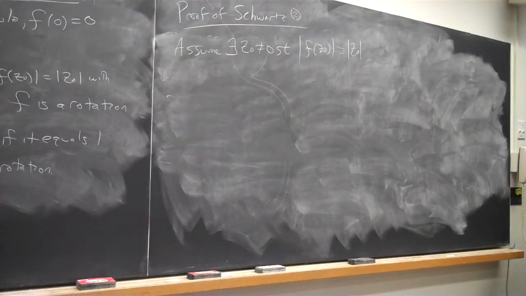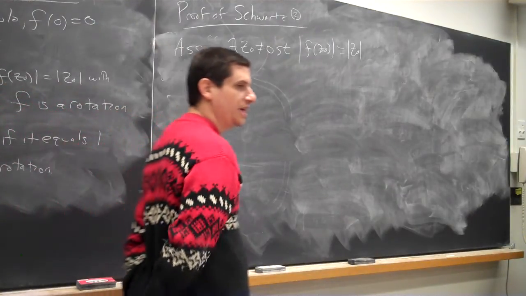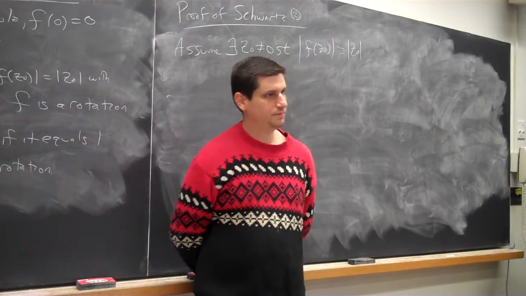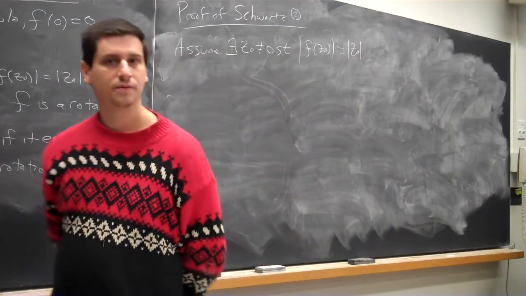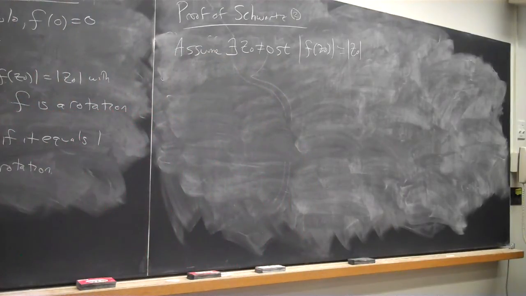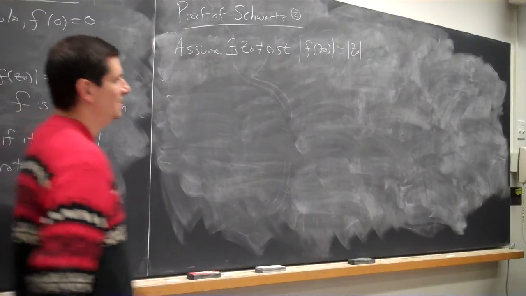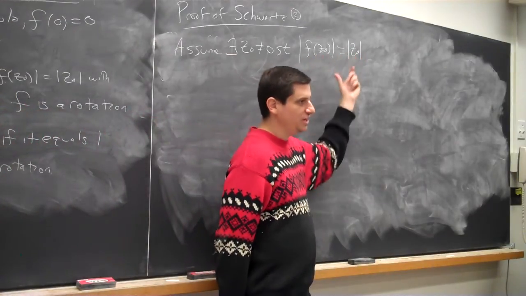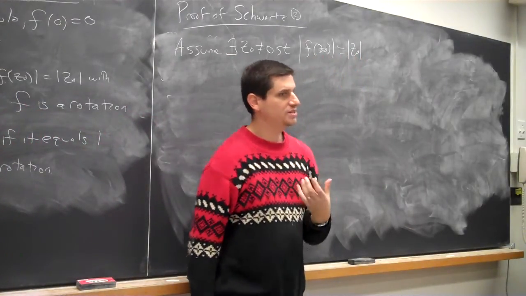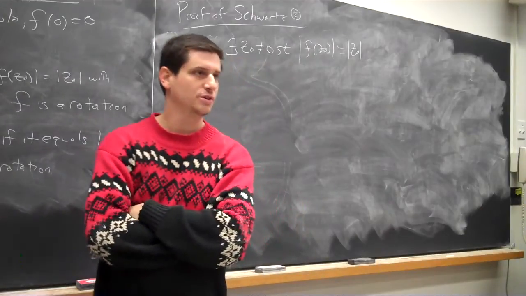What does it mean if |f(z naught)| is the same as |z naught|? Yeah. You can get from one point to the other via rotation in the plane. Right. So we know that they differ by rotation, but I want to get some stronger consequences.